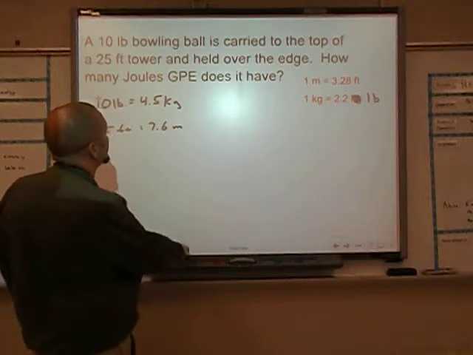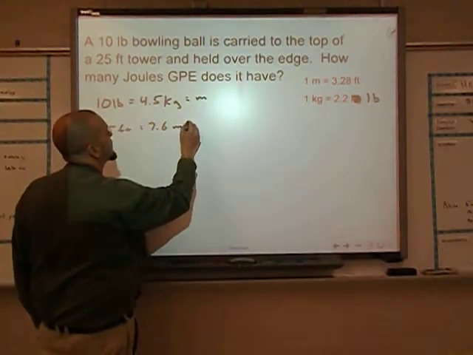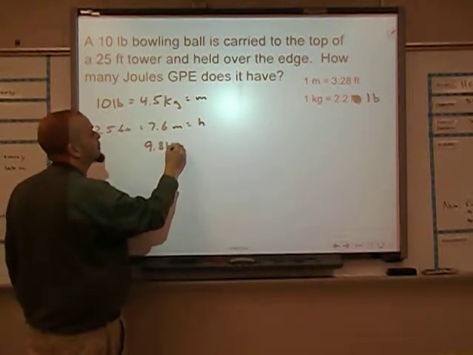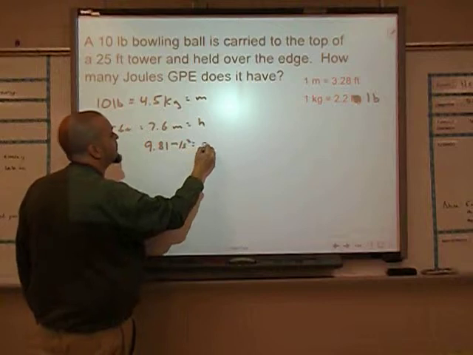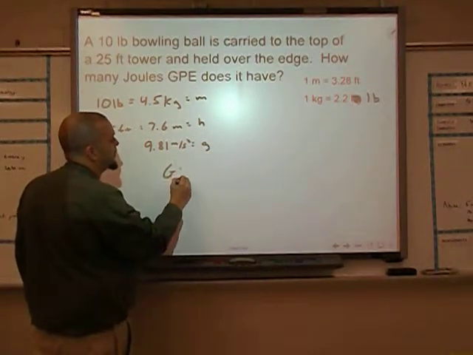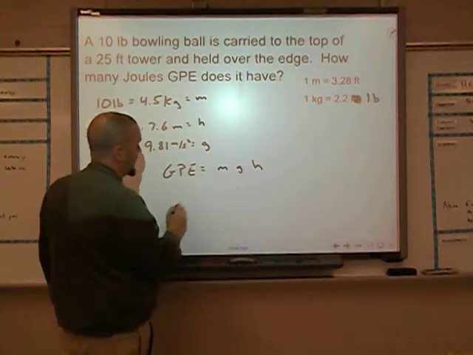Once we've done that, now we can calculate. We have our mass, we have our height. We know that 9.81 meters per second squared is gravity. We can find our gravitational potential energy. Gravitational potential energy equals mgh.